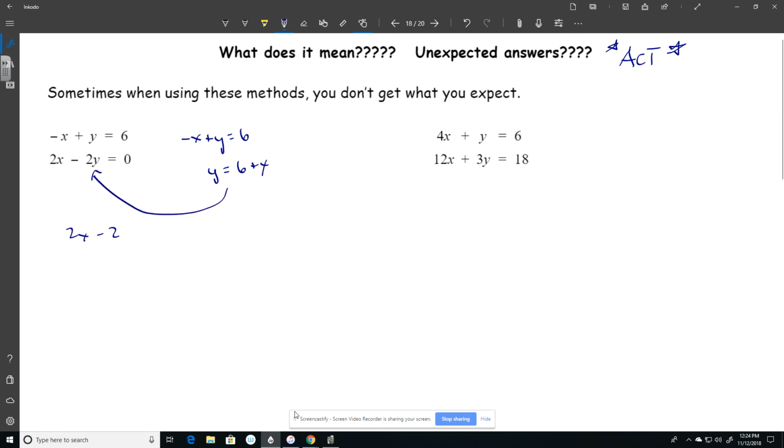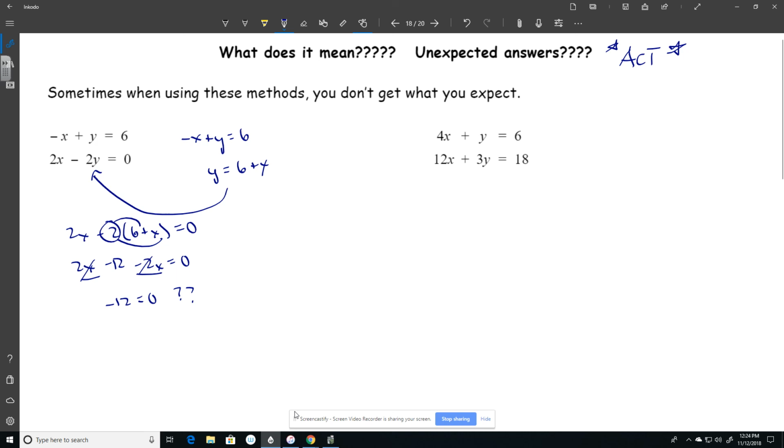So 2x minus 2 times 6 plus x equals 0. 2x minus 12, because I have to distribute that negative 2, minus 2x equals 0. 2x minus 2x, those cancel out, and I'm left with negative 12 is equal to 0. That is not true.